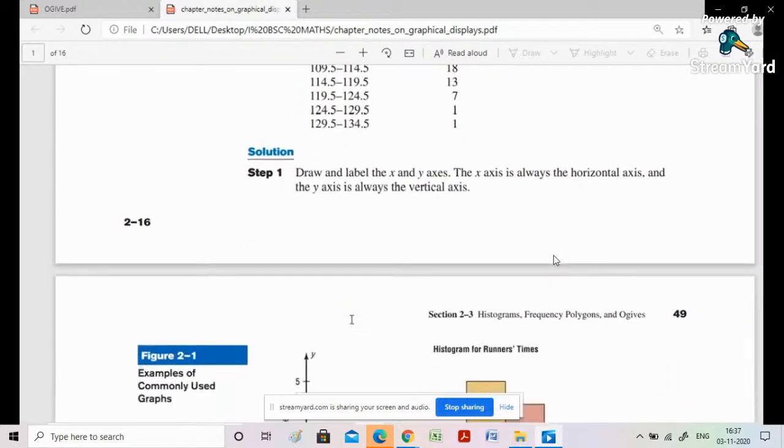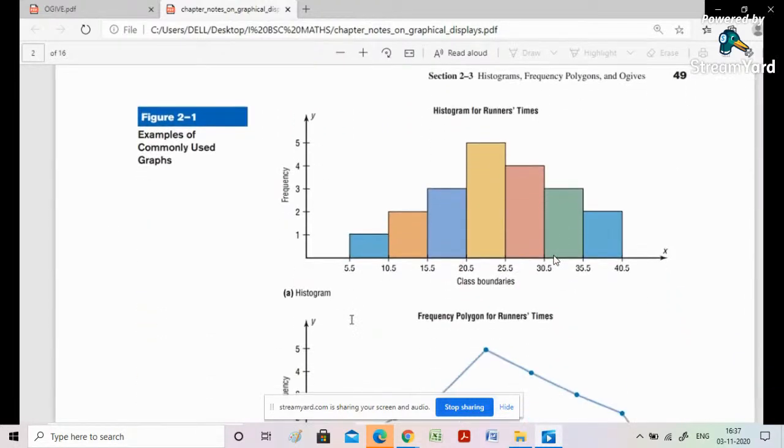So you can just find out the structure. 104.5 to 109.5, that means 10.5 to 15.5, the frequency is 2, and all other frequencies are displayed here. By seeing this, we can understand the yellow region is having the highest frequency. Looking at the data, the class boundary 109.5 to 114.5 equals 18, that is having the highest frequency.